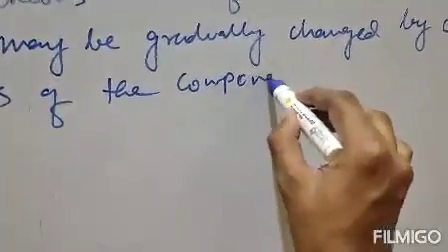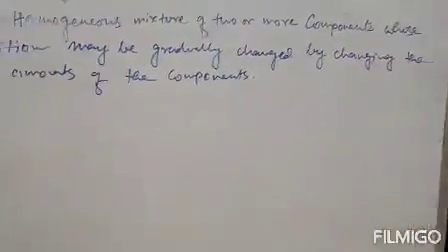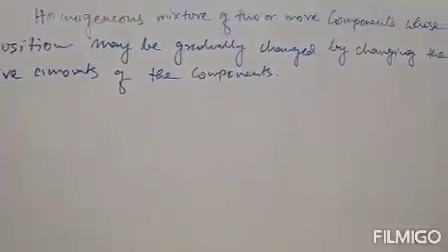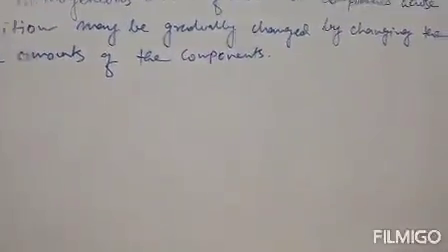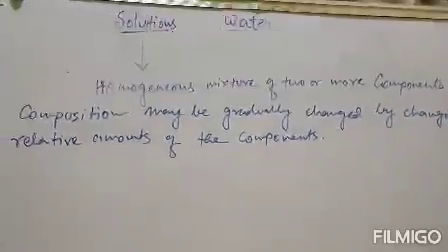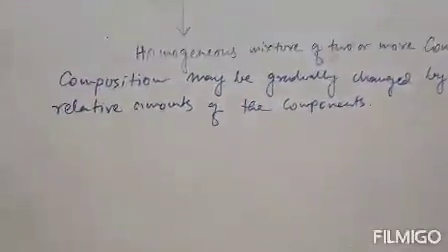That means if we change the relative amounts of the components, the mixture formed of two or more components will gradually change in composition depending upon the changing of relative amounts of the components. So this is the actual definition in chemistry language of what a solution is.